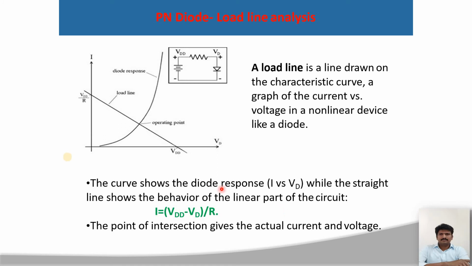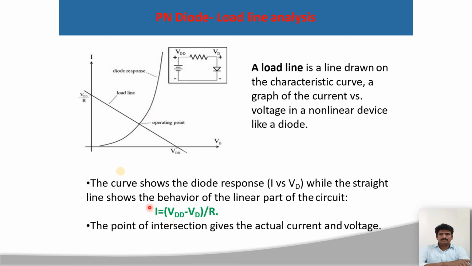So we can draw the line between these two things, like VD is the diode voltage, I is the amount of current passing through the diode when you are applying the static voltage, that is VDD, and R is the amount of resistance in the forward bias. When we draw the line between these two things, current and voltage, you can call it a load line.